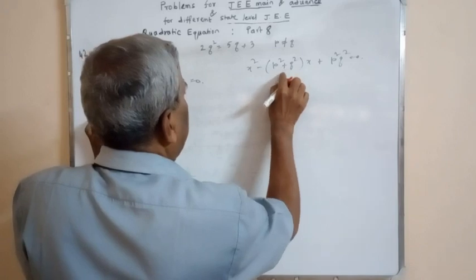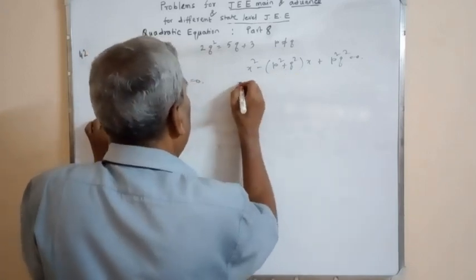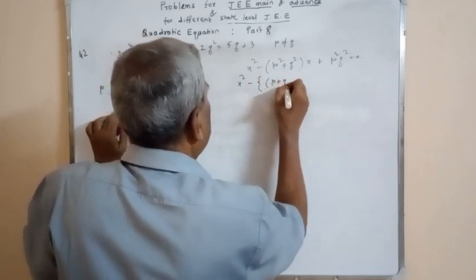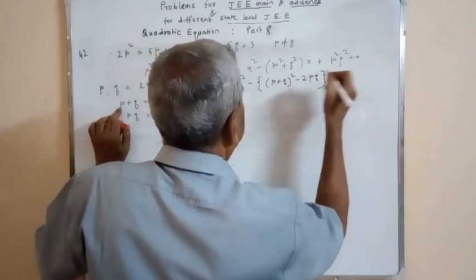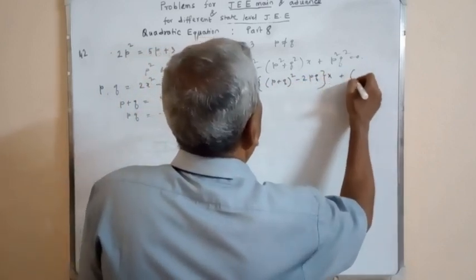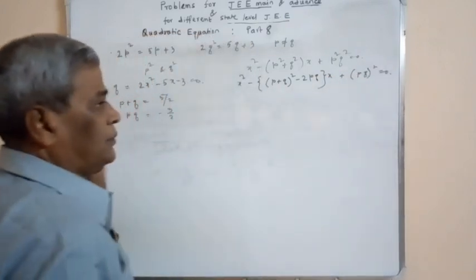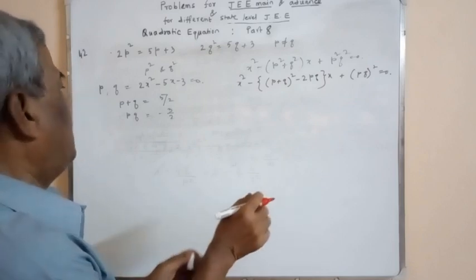So express it in terms of p plus q and pq, so that it is equal to x square minus (p plus q whole square minus 2pq) into x plus (pq) whole square is equal to 0. Put values of p plus q and pq.